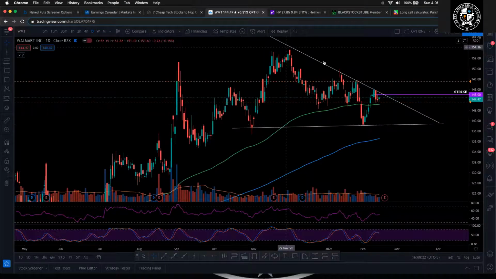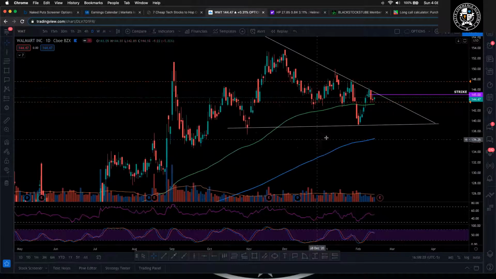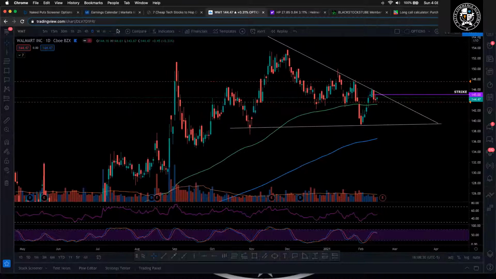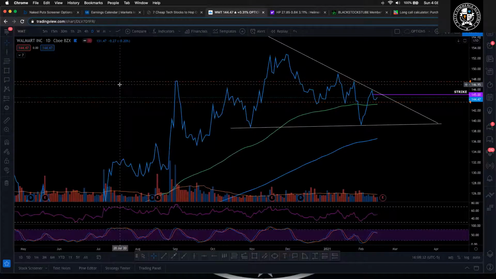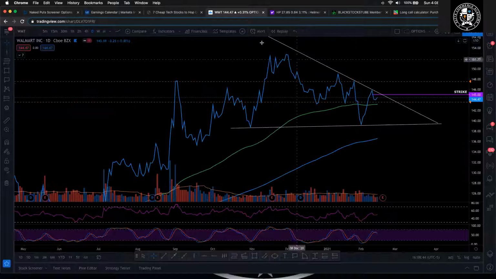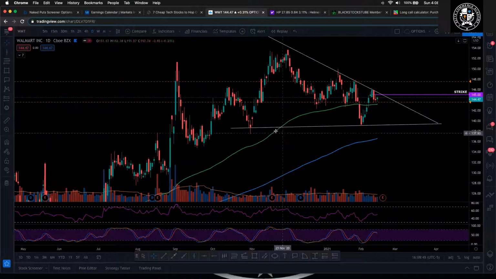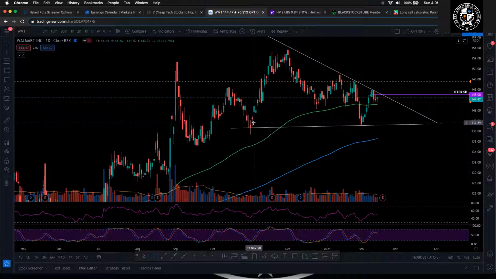If you understand trend lines and how to mark trend lines, now there's people that are going to disagree with me on how I do my trend lines, but I had a line chart out. The line chart might give you a different trend line than the actual candlestick chart. But as you see, if I'm looking at the line chart, my trend line is accurate, okay? But if I pull up the candlestick chart, it might be a little off depending on your preference.